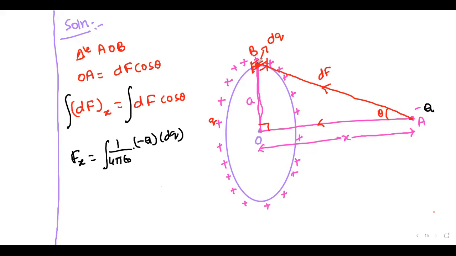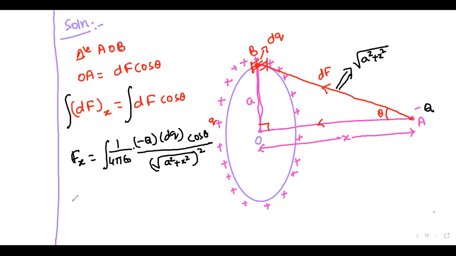The separation distance is nothing but under root a square plus x square, times cos theta by under root a square plus x square whole square.